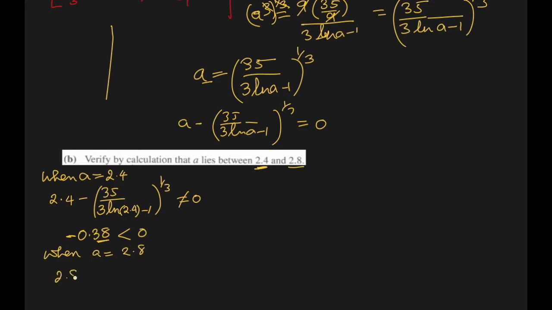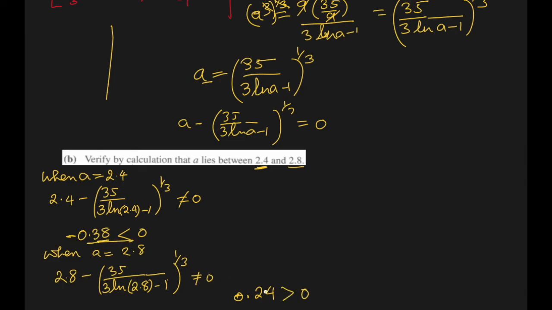So 2.8 minus 35 over 3 ln 2.8 minus 1, to the power 1/3, which will not be equal to 0, but let's see what it is. I get, sorry, it's positive this time, 0.241124, and it is greater than 0.